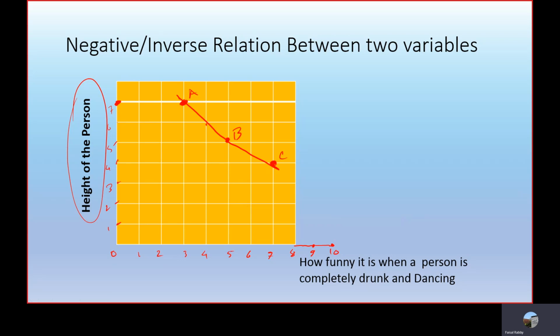Again, downward sloping line means after taking any 2 random points, if you slide along the line from left to right, again, just like English language, we read graphs from left to right, if you're at the same time also moving downwards, then there's a negative relationship. When one variable is decreasing, the other variable is increasing. So this is an example of a negative or inverse relationship.